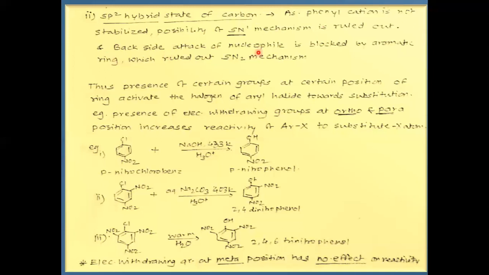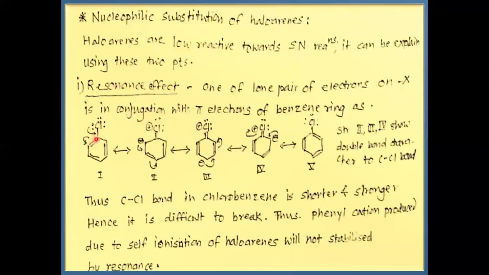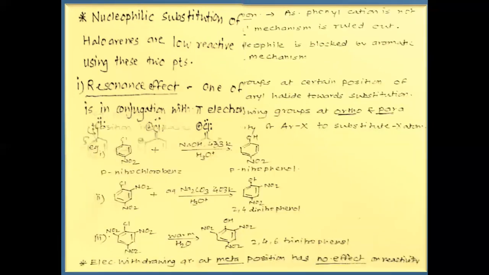Backside attack of the nucleophile is also blocked by the aromatic ring. See, at this carbon, the backside attack of the nucleophile is also not possible because of this bulky group, the benzene ring. Hence, the SN2 mechanism is also ruled out.